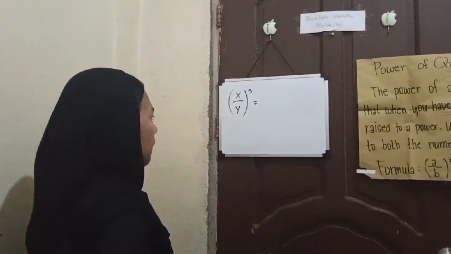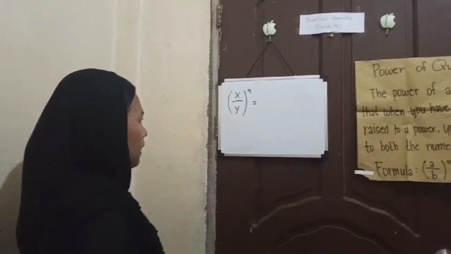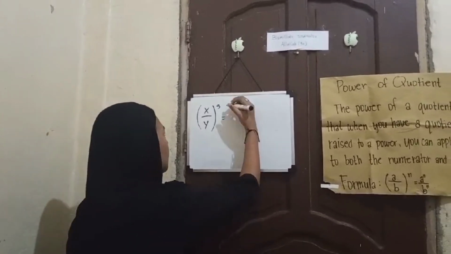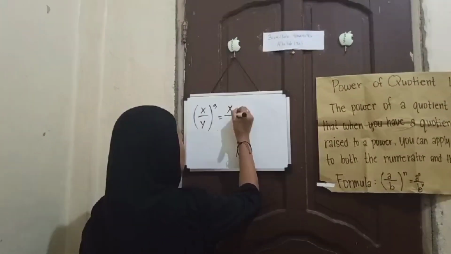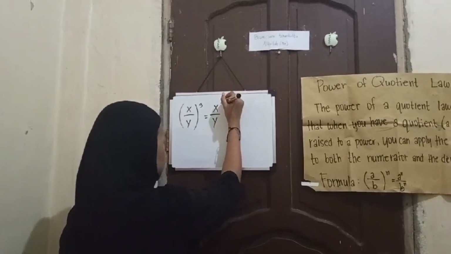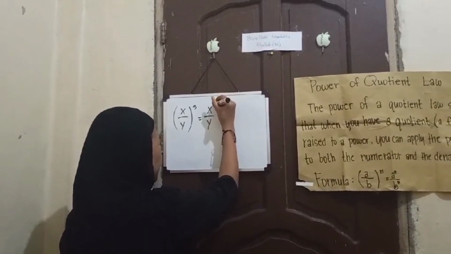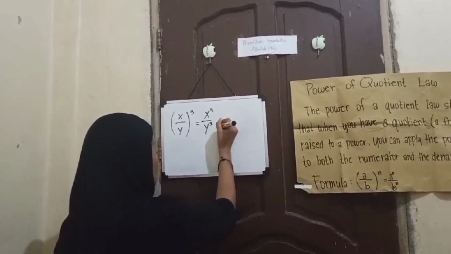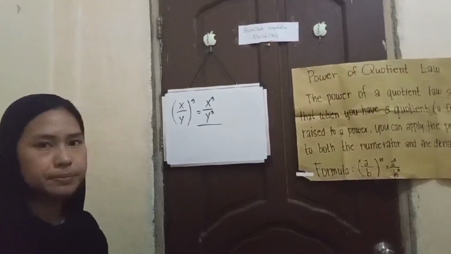Example is this, parenthesis x over y, parenthesis raised to the power of 3. So apply the power to both numerator and denominator. This is the final answer.